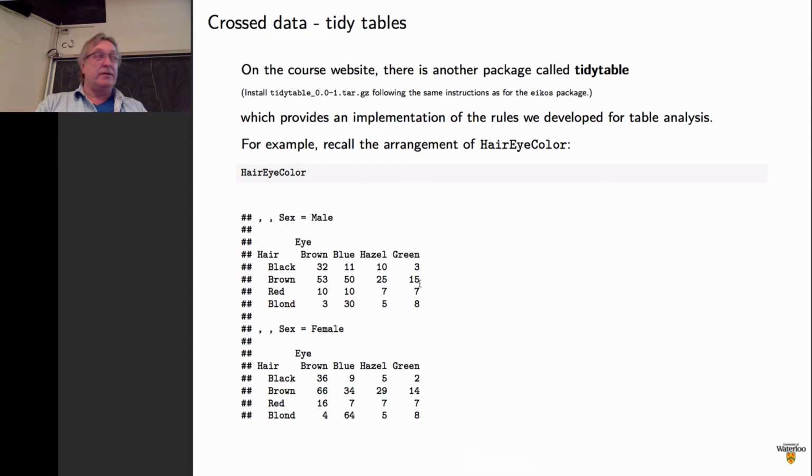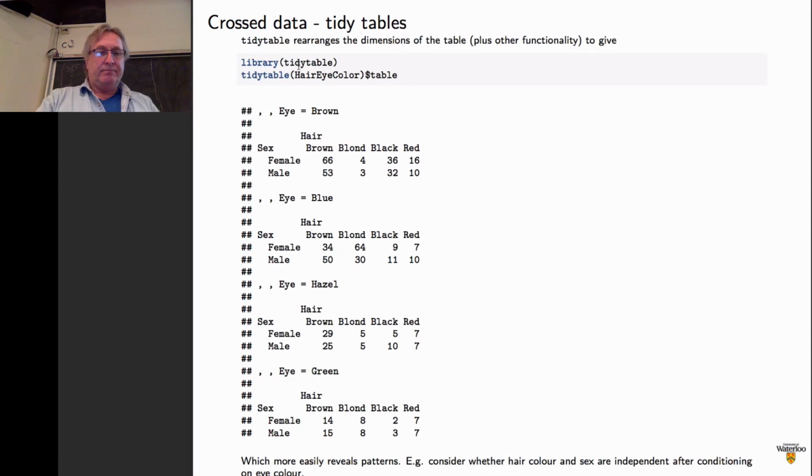It's a 3-way table. We've talked about how to rearrange 2-way tables. Just calling tidy table on this table gives back a rich data structure, but one of its components is a table. And here's the arrangement. The tidy table likes to print this out. It's the same data, just rearranged so that the first index is sex, second is hair color, and the third one is eye color.